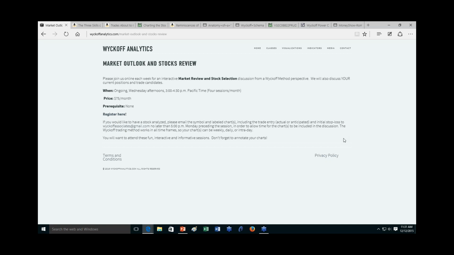Wyckoff is very specific as to the construction of the point and figures, and a lot of software early on in the 90s, when I started studying this methodology, did not have those Wyckoff point and figure options. Now most of them do. You go to StockCharts, you go to TradeStation, there are many that have the correct Wyckoff point and figure construction. And then you have to understand the guidelines as to how you actually take that count.